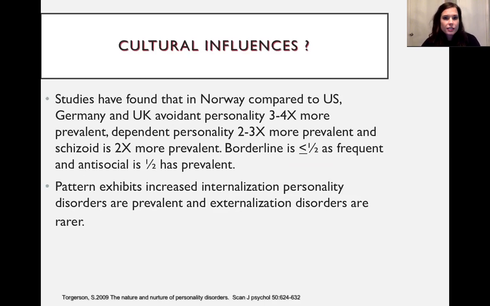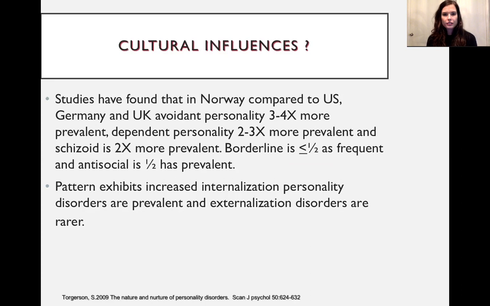Cultural influences. Studies have found that in Norway compared to the US, Germany and UK, avoidant personality disorder is 3 to 4 times more prevalent. Dependent personality is 2 to 3 times more prevalent, and schizoid is 2 times more prevalent. And borderline is about half as frequent, and antisocial is half as prevalent.